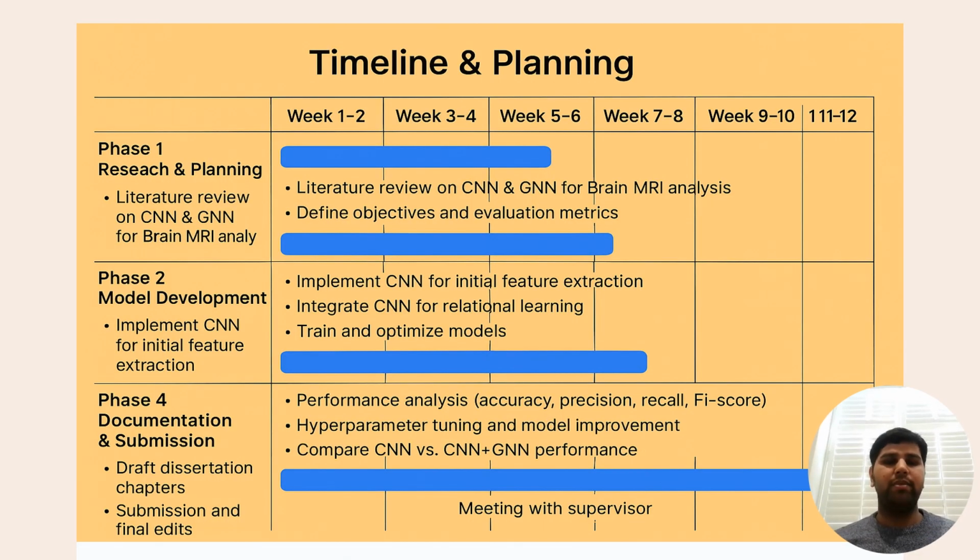This is my timeline and planning. I will be utilizing this for my dissertation period: introduction, literature work, objective and evaluation methodologies, feedback, how methodologies work, research method and design, everything. And mainly, I will be integrating CNN and GNN together so that I can have a hybrid model.